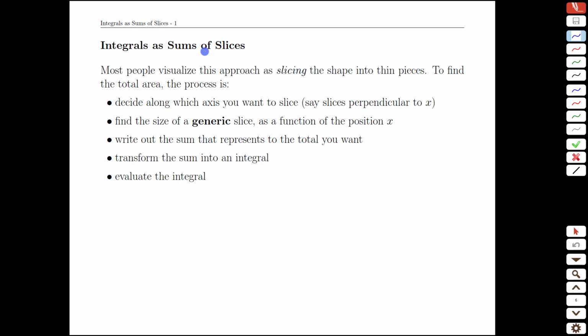In this video, we're going to look at another example of how to compute an area under a graph or an area between graphs as a sum of slices. And the visualization here is consistent no matter what the example is.